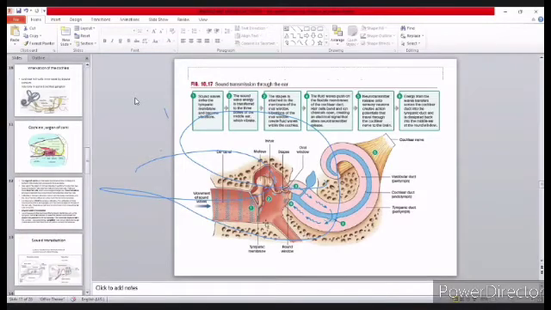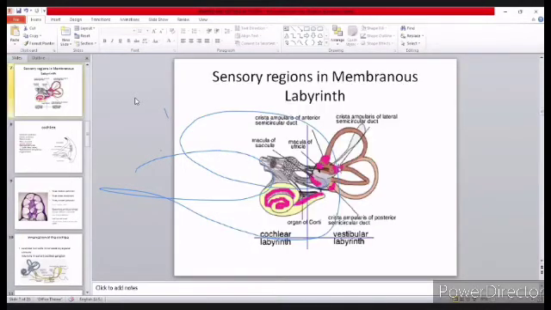Here we have the ampulla, the crista ampullaris. This down here and this portion here, we have the utricle and the saccule. The ampulla is like the organ of Corti. It's a structure that contains hair cells.